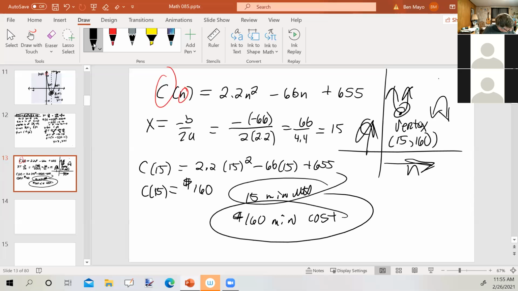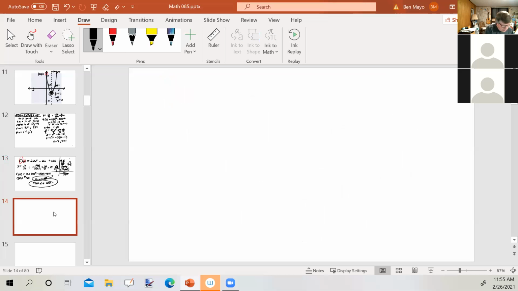Okay, let's take a look at a new problem. It says fireworks. A fireworks shell is shot straight up with an initial velocity of 120 feet per second.